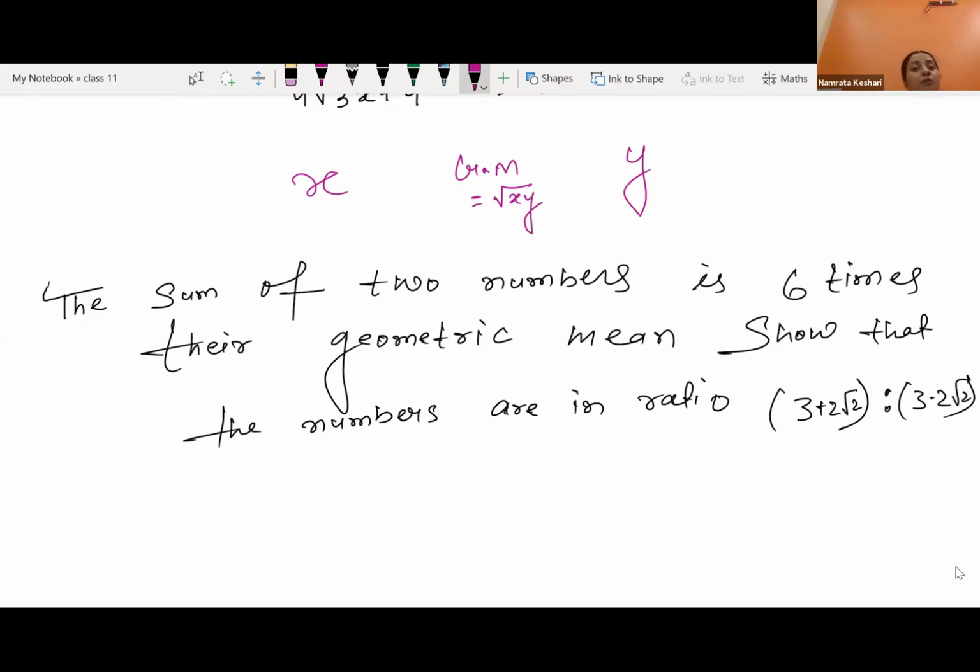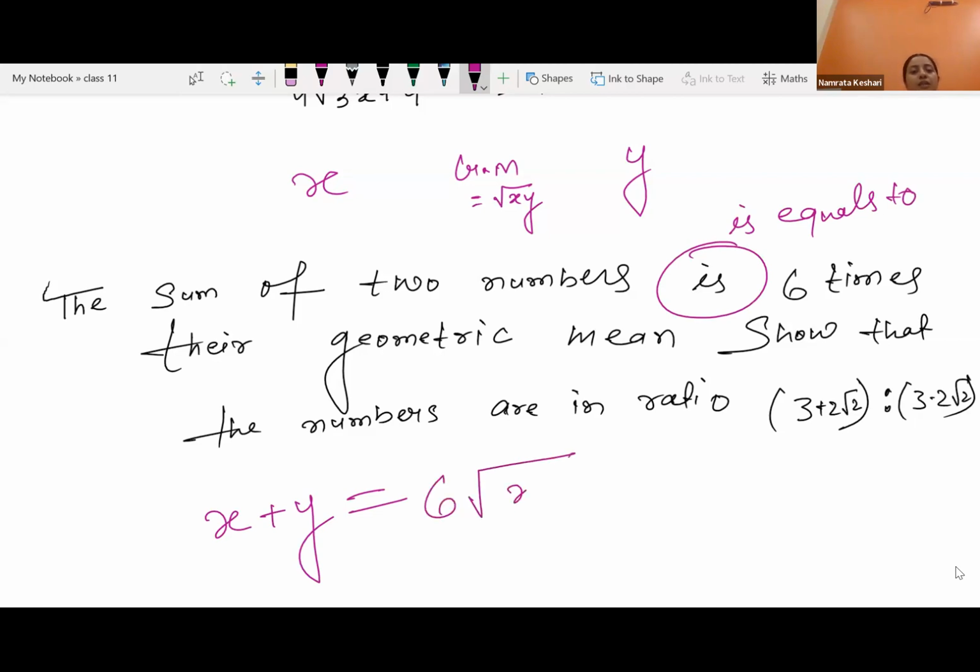Okay, the sum of two numbers, that means x plus y, is equal to 6 times their geometric mean. That means 6 root xy. Making sense? According to the question, this is what is given to us. Yes or no? Yes, ma'am. Okay, and we have to find the ratio between x and y.